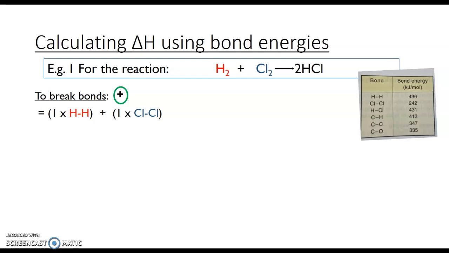Now, I always write down this first step because being logical means there's less chance that I'm going to make a mistake. So don't take shortcuts. Okay, so when we substitute these numbers in, 436 for the bond energy between a hydrogen-hydrogen atom, and 242 rather than 243, sorry for that mistake over there, I get an answer of 678 kilojoules per mole.